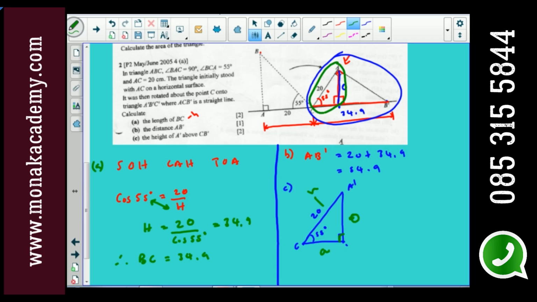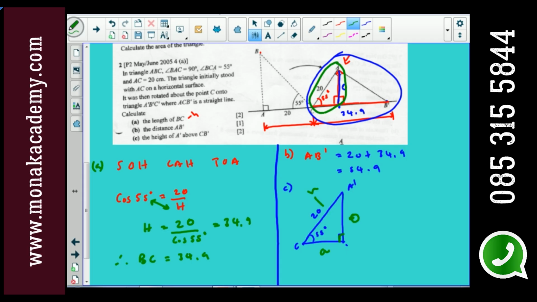We are no longer working with this whole triangle ABC. We are now only working with this because we made our own line, because they said they want the height of A from CB. So as soon as we introduce that line, we now have a new triangle.